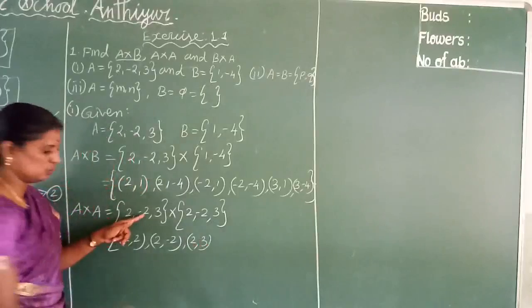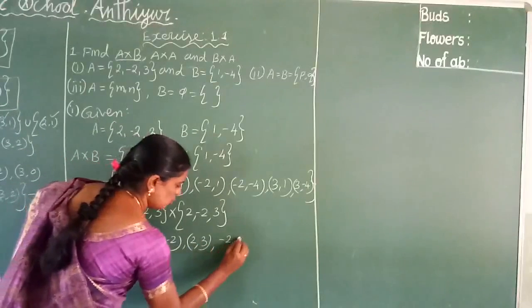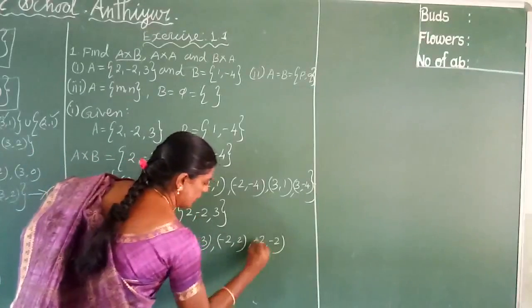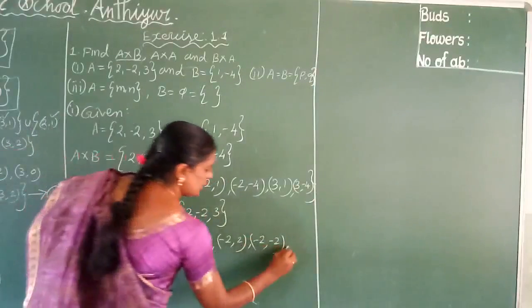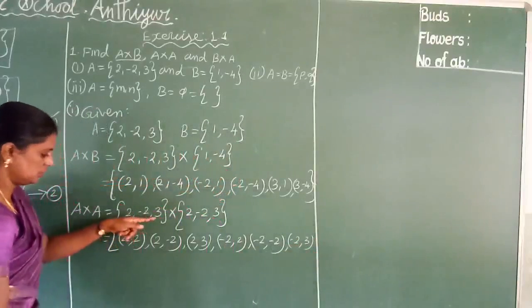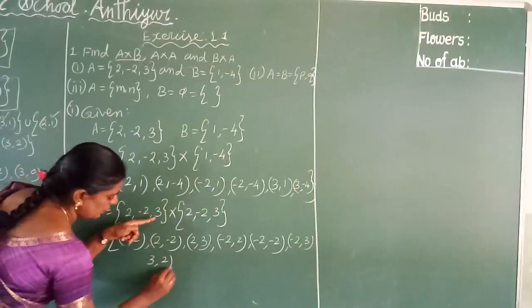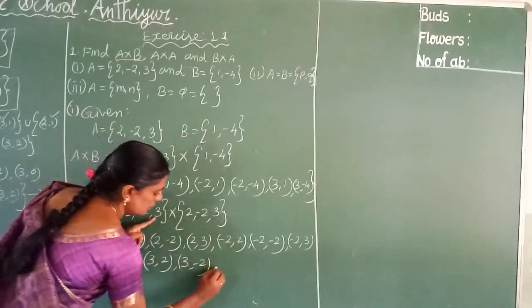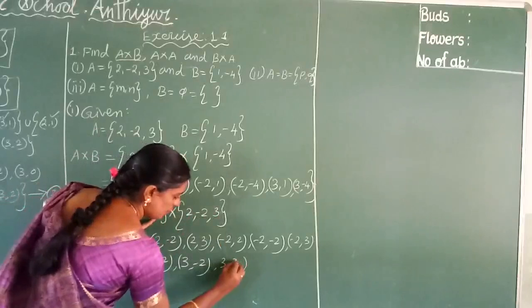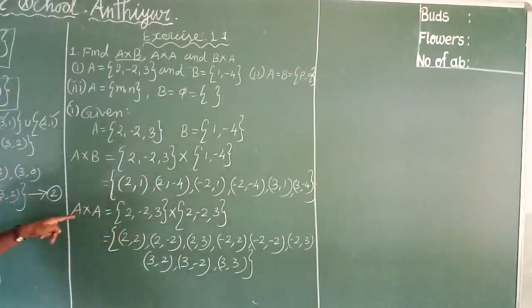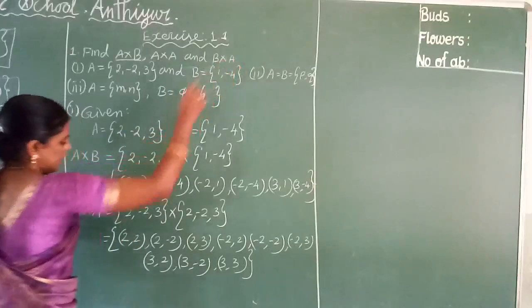Next take -2: (-2,2), (-2,-2), (-2,3). Next one, 3: (3,2), (3,-2), (3,3). Is it clear? Next one, B cross A.